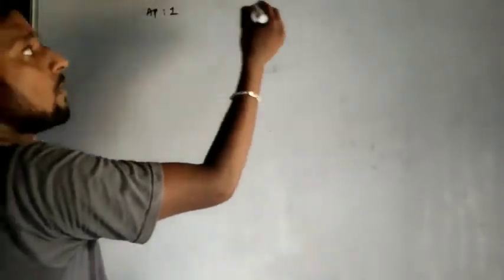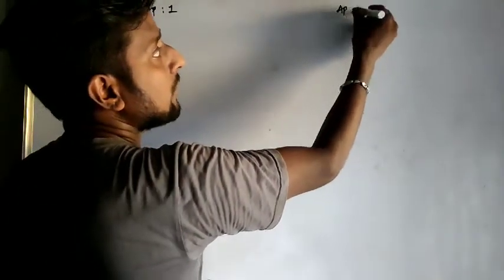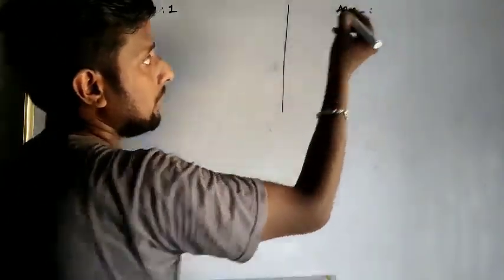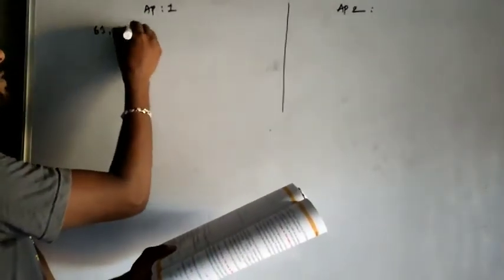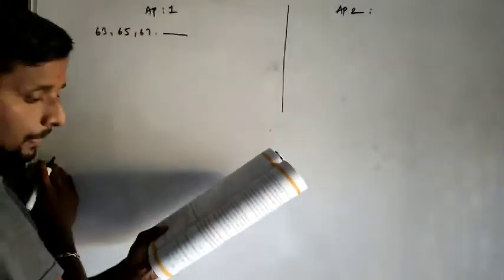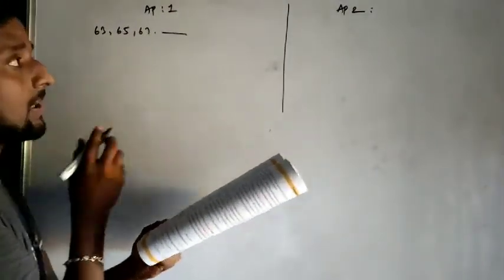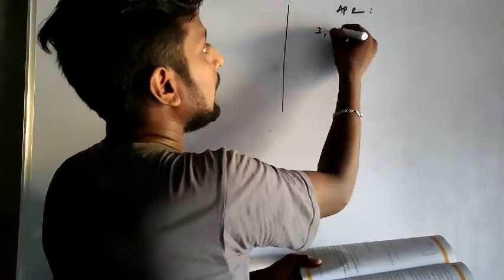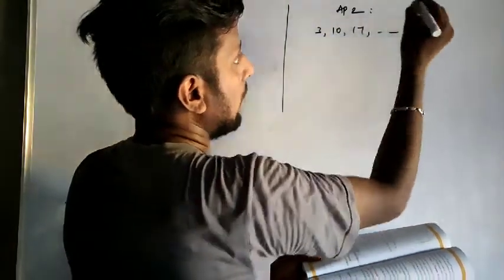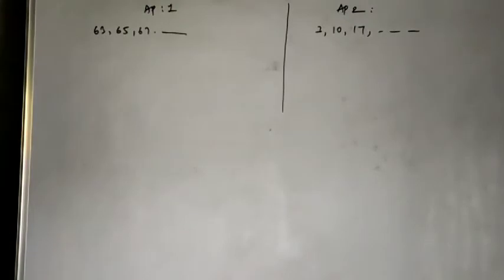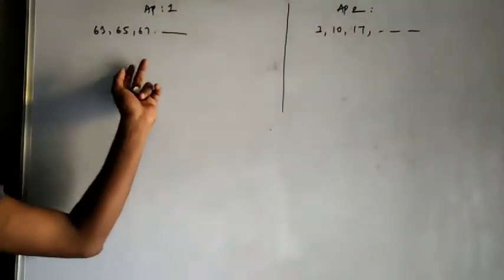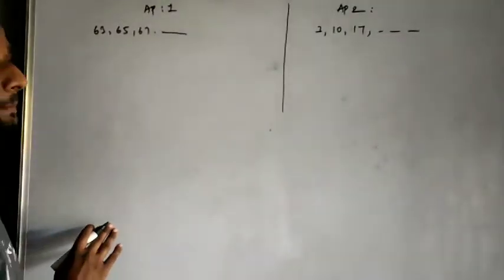I'll write AP1 and AP2 individually, don't get confused. AP2 is first 63, 65, 67, and so on. The other series has been given: 3, 10, 17, and so on. The given information is only one thing, that the nth terms of both APs are equal.